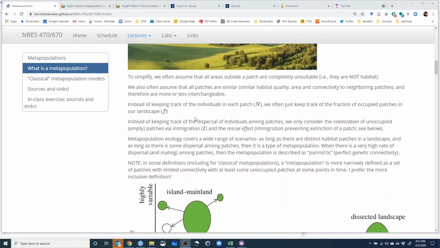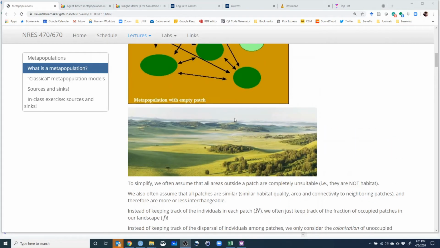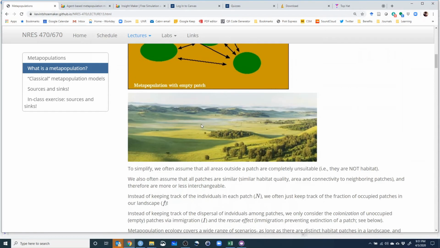So we also assume that all patches are similar. At least for now, until we start talking about source-sink models, we're going to assume that all patches are basically interchangeable. Every patch is the same. So this patch here is the same as this patch here, is the same as this patch here, even though this one's unoccupied. All these patches are pretty much the same.